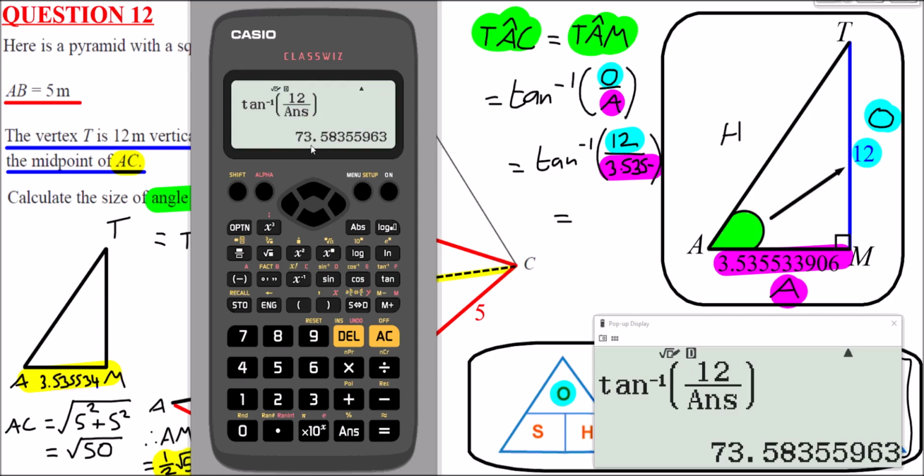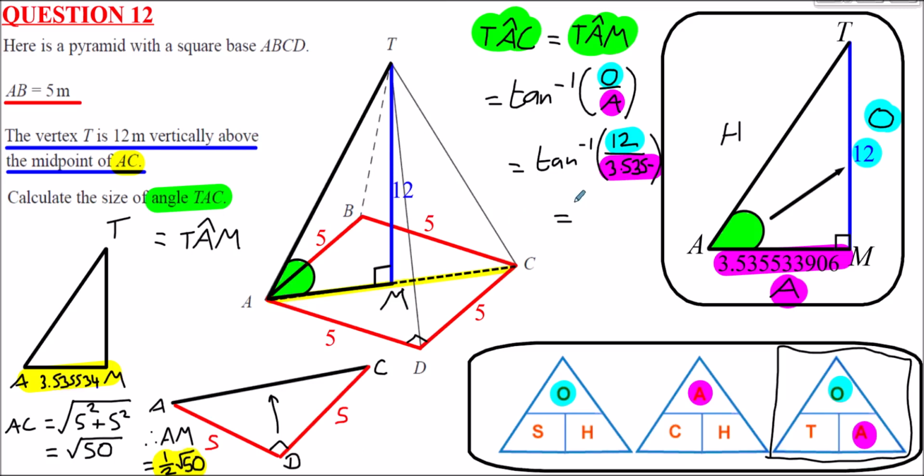So to 3 significant figures, which is the golden standard in terms of what to round an answer to, 73.6 degrees. That's what we write, that's what we need to do and then we're done. 73.6 degrees is the value of angle TAM, which is the same as TAC.